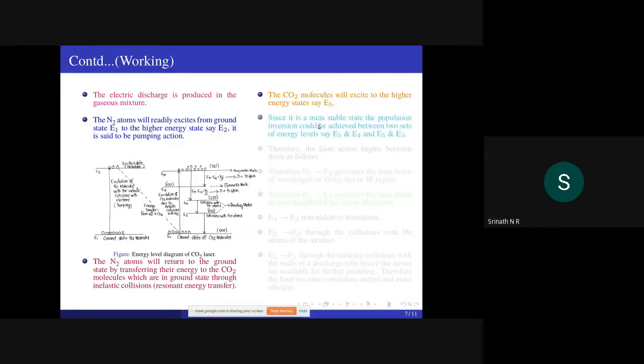Since it is a metastable state, the population increases in this level. That is, population inversion could be achieved between two sets of energy levels, say E5 and E4, and E5 and E3. Therefore, the laser action begins between them as follows.